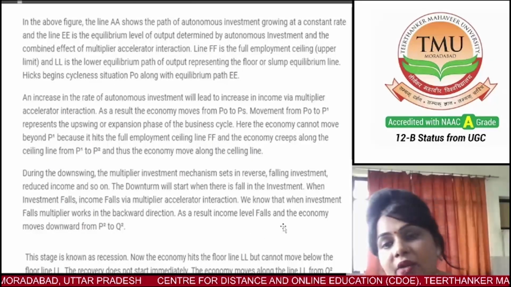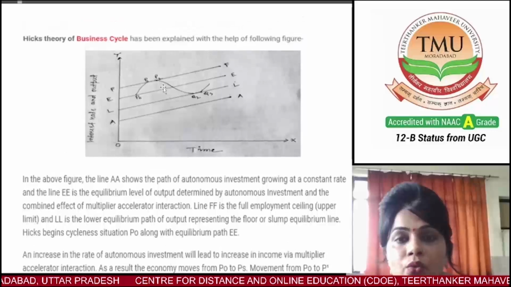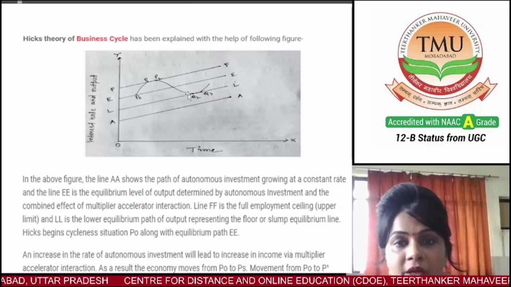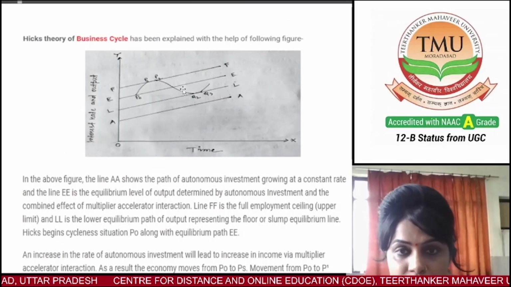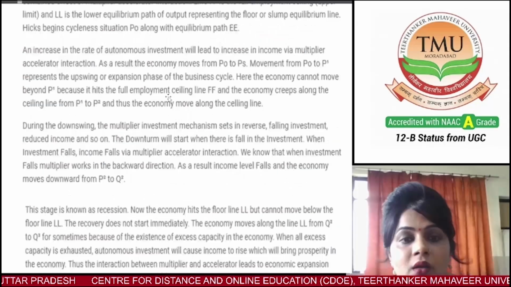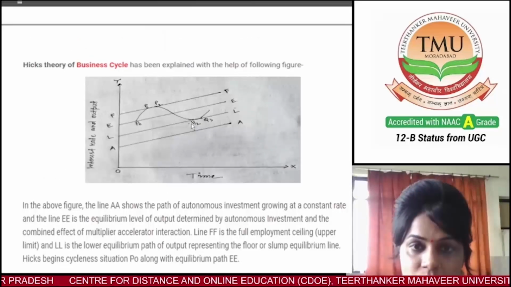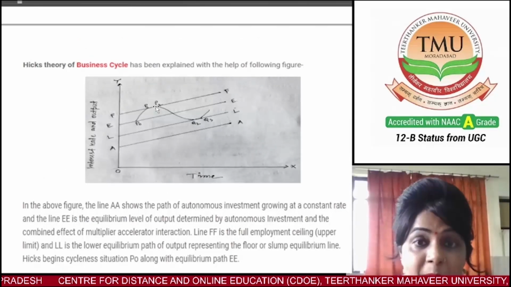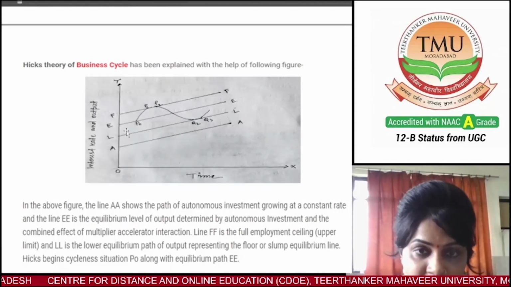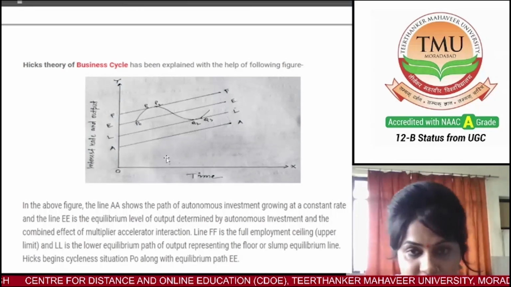As a result, the income level falls and the economy moves downward from P2 towards the equilibrium point. This stage is known as a recession. P1 is expansion, P2 is the peak, and then comes the recession.